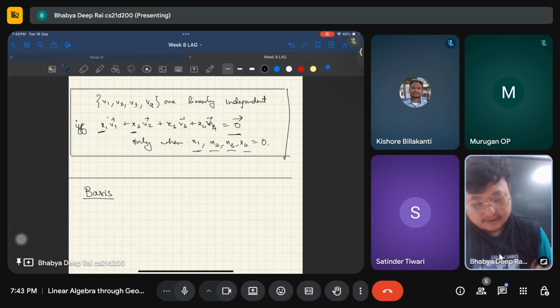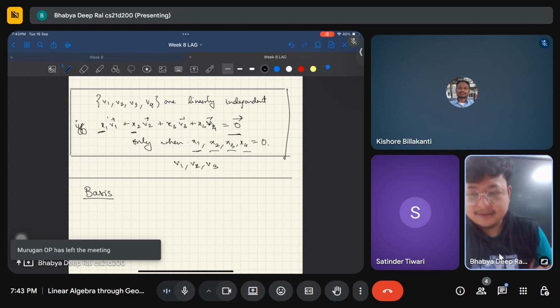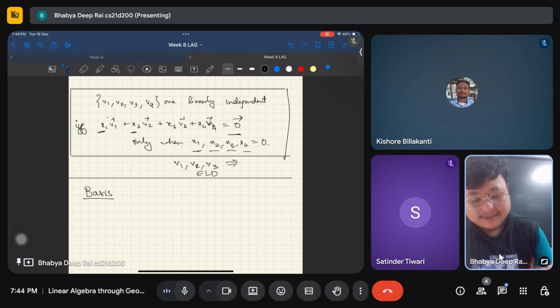Exactly. If I have v1, v2, v3, and they are linearly dependent, then v1 is in the span of v2, v3, and equivalently v2 is in the span of v3, v1, and equivalently v3 is in the span of v1, v2.